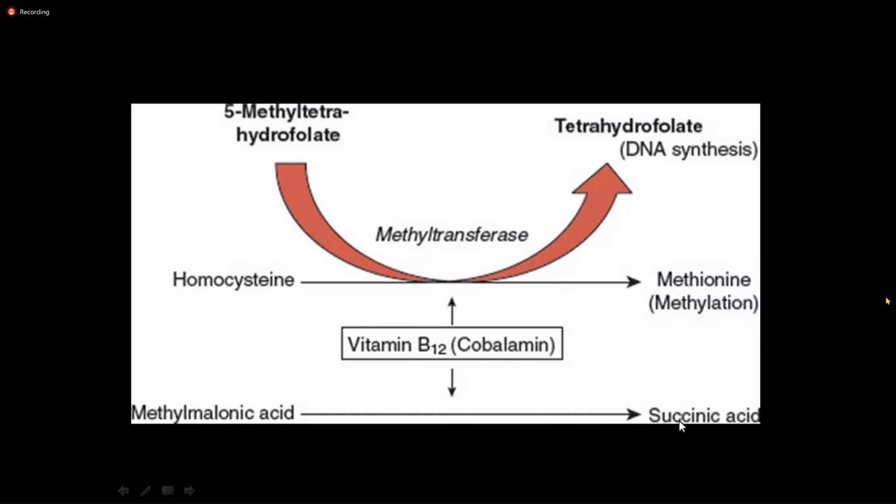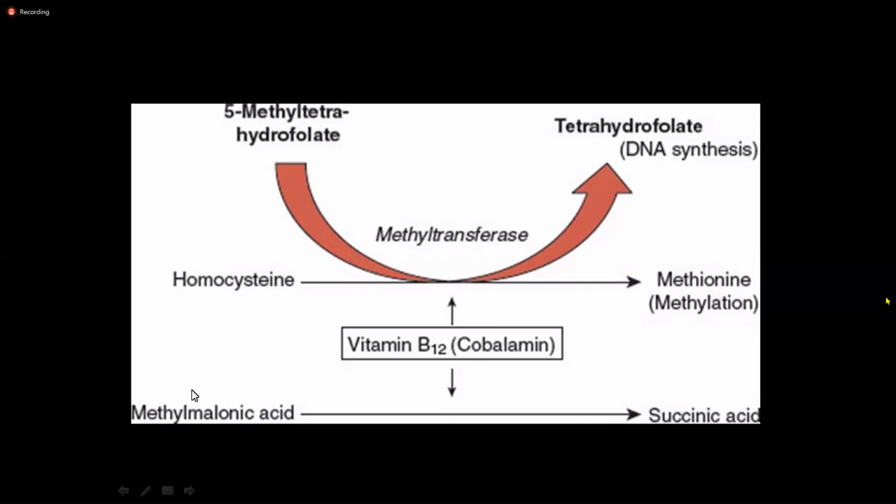If it is not converted to succinic acid, it cannot enter the citric acid cycle to give you more energy. We need energy, and for that, succinic acid has to be synthesized from methylmalonic acid, which is a byproduct of oxidation of odd-chain fatty acids. In the absence of vitamin B12, not only is homocysteine increased in the blood, there will also be increased methylmalonic acid.